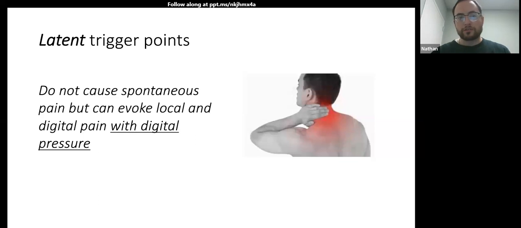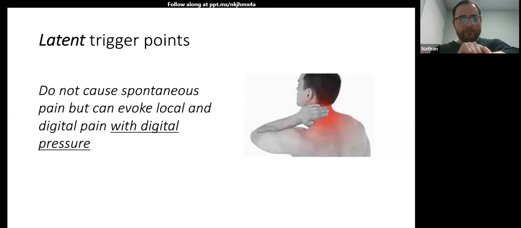Okay, so when it comes to muscle pain, I'm sure many people have heard the term trigger point. There are two types of trigger points. There's the latent trigger point, where pain can be evoked through digital pressure. If I press on my hand here and I feel discomfort or pain, that's considered a latent trigger point, where there's a taut band in the muscle.